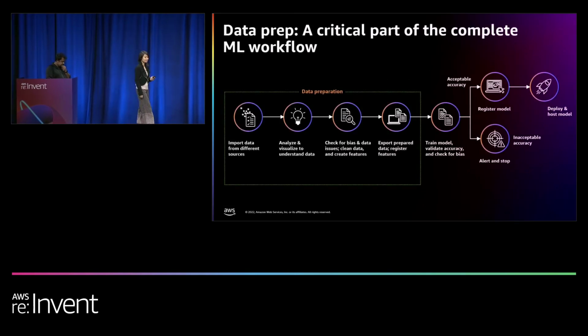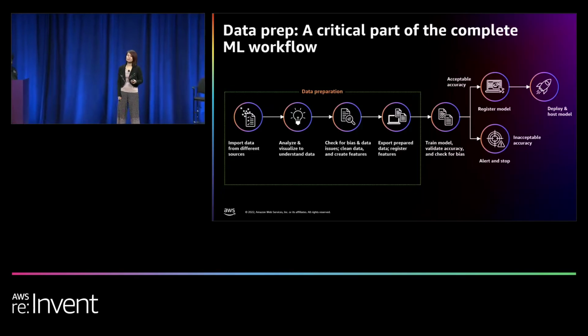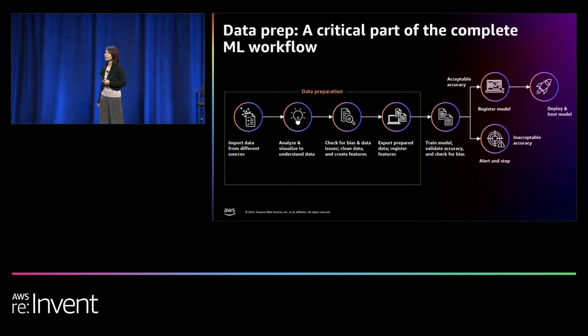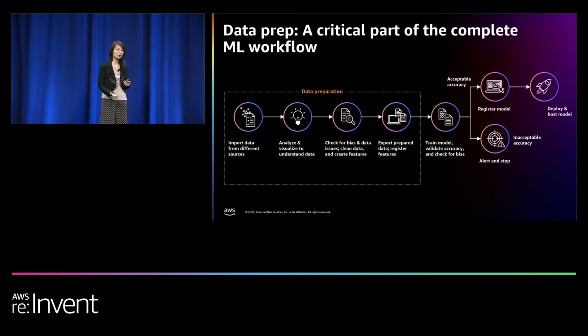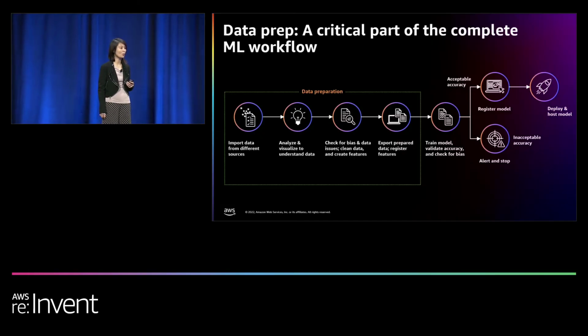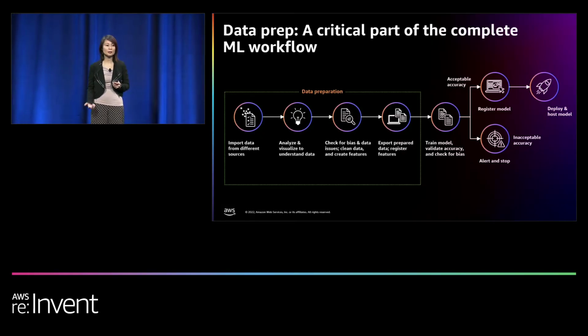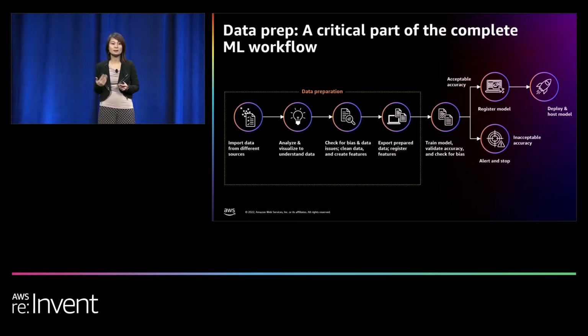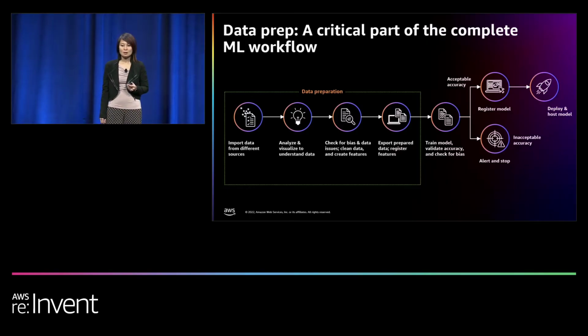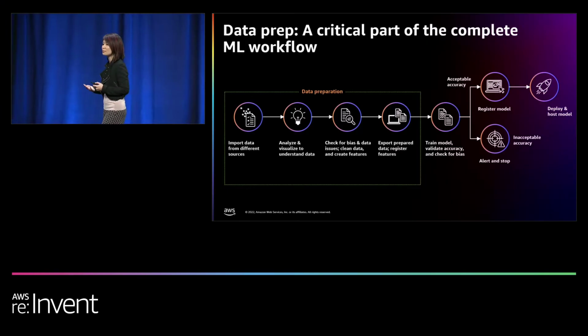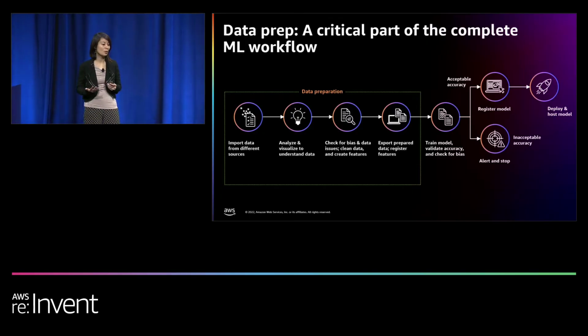So let's dive in. Why data preparation is important for machine learning. It is one of the most critical part of the machine learning workflow because machine learning model is only as accurate as the data you use to train it. Any machine learning project, after you define the business problem, will start with data preparation.